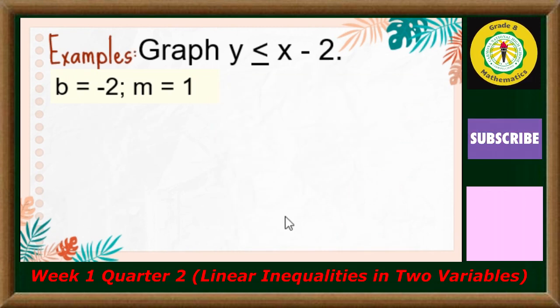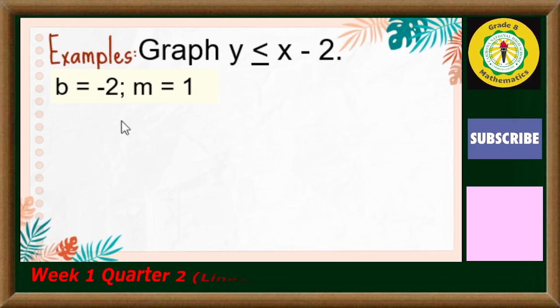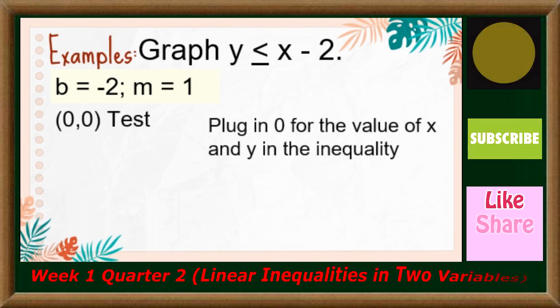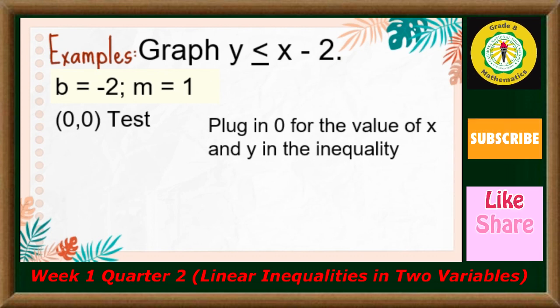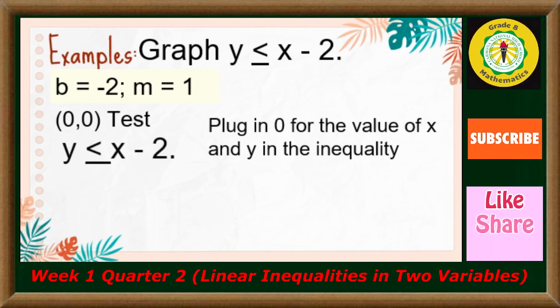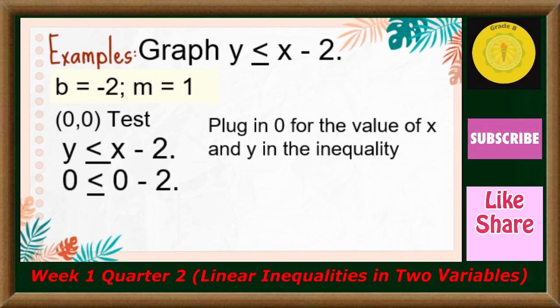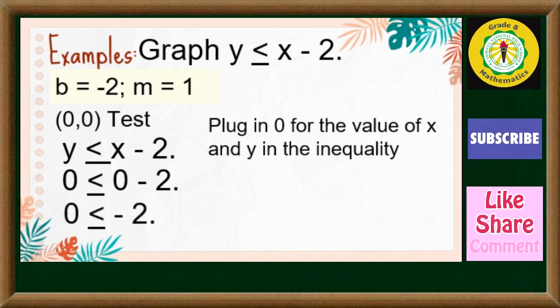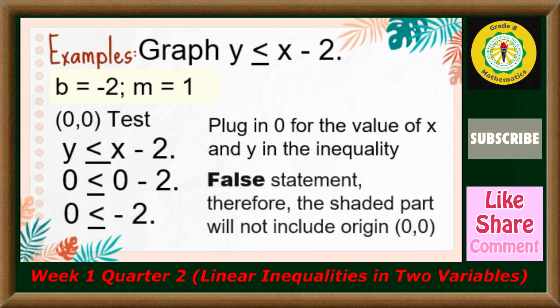Kung mapapansin nyo, meron tayong same y-intercept and slope, pero nabago na yung ating inequality symbol, which is less than or equal to. Now let's test (0, 0). We need to plug in 0 for the value of x and y in the inequality. So the given is y is less than or equal to x minus 2. I-substitute natin yung 0. 0 is less than or equal to 0 minus 2, so 0 is less than or equal to negative 2.